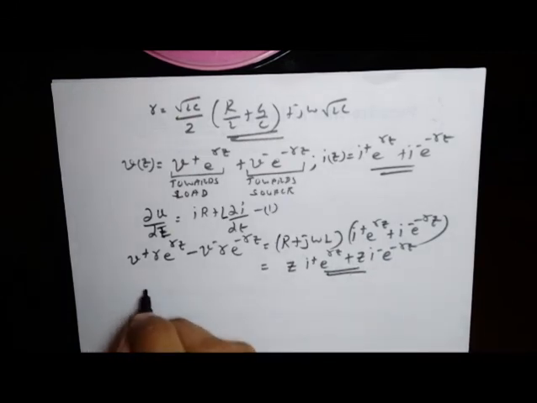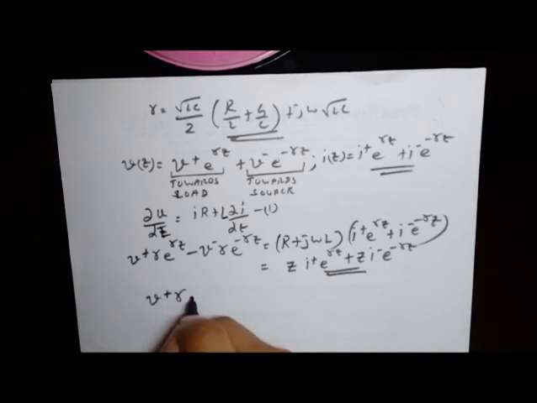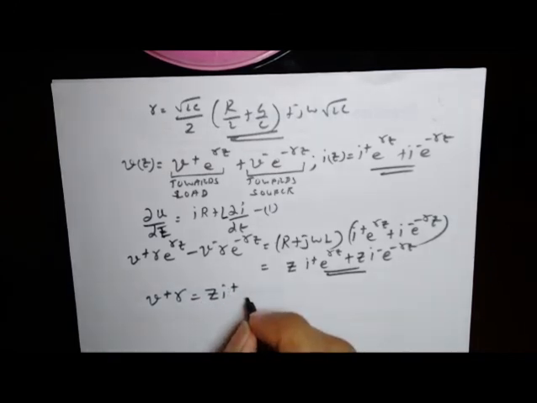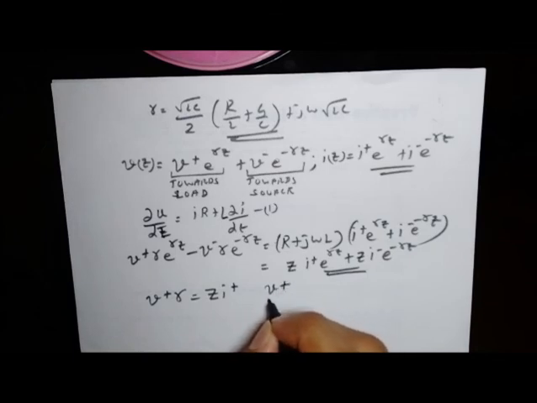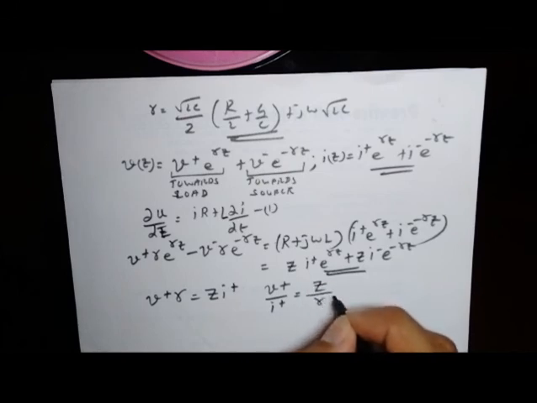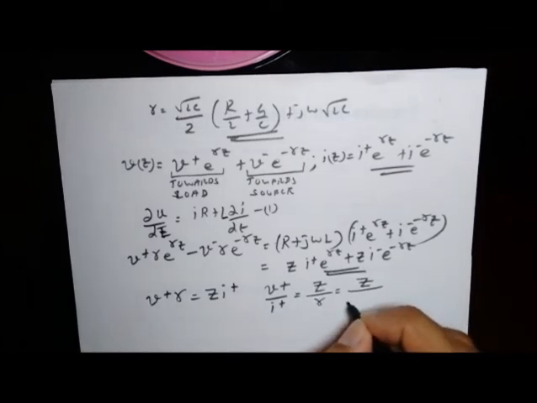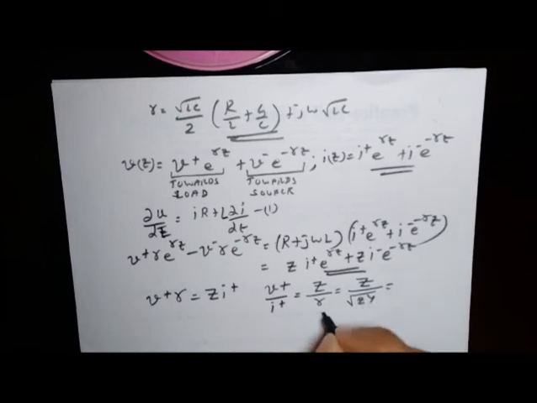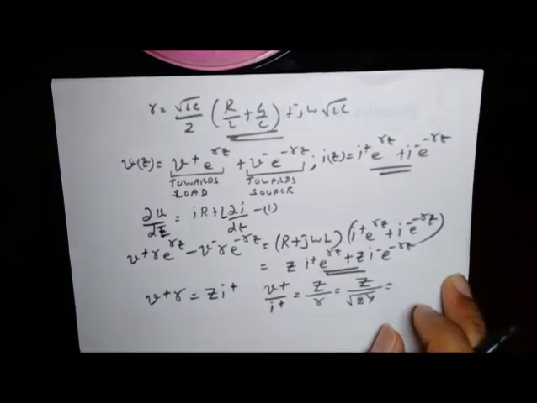So if you compare them, you get a result like V plus gamma is equal to Z I plus, which means that V plus divided by I plus is actually a ratio of the amplitude of the forward propagating voltage divided by the amplitude of the forward propagating current, which results in Z by gamma, which is Z by root ZY, because gamma is root ZY.